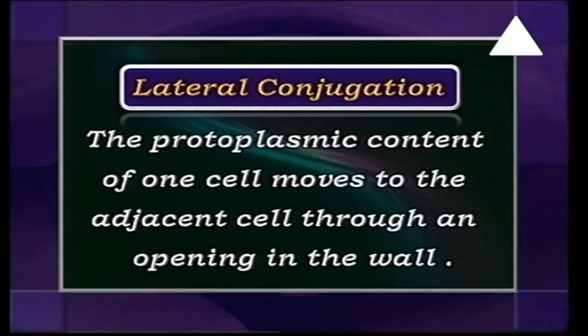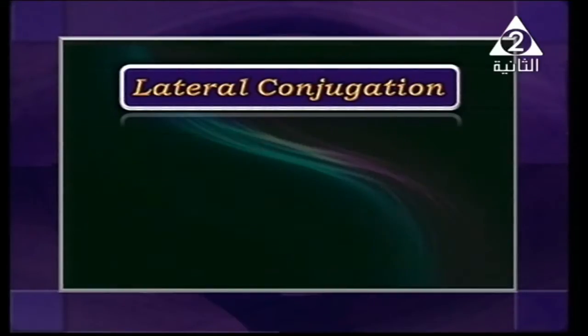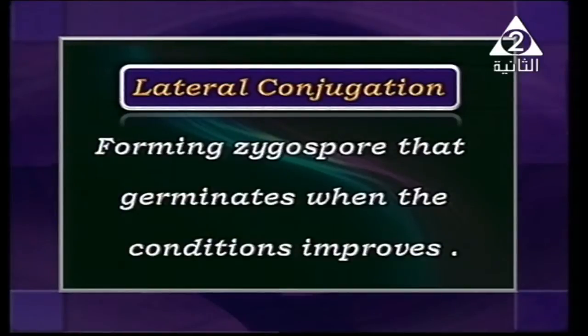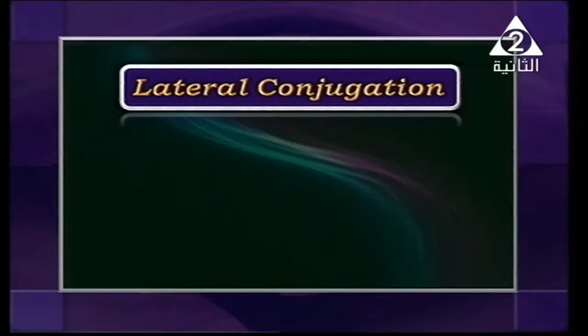This is the difference between lateral and scleriform conjugation. After that, the protoplasm forms a zygospore that germinates when the conditions become favorable, and that's everything about lateral and scleriform conjugation.